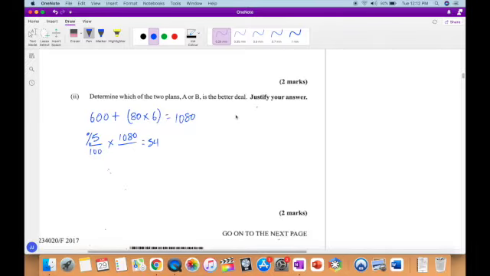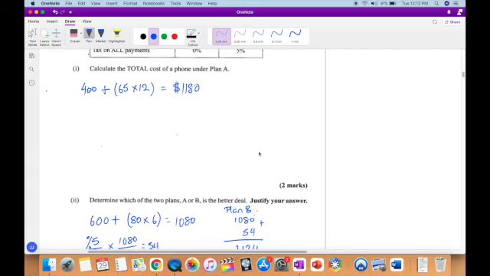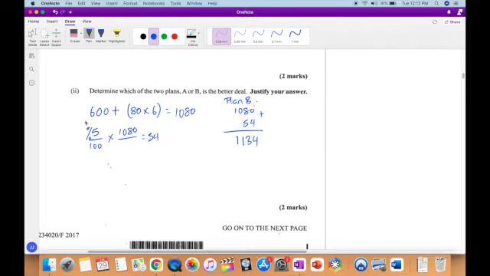So therefore, the total cost of Plan B would be $1,080 plus $54, which we end up getting $1,134. So we could see here that Plan A is $1,180. Plan B is $1,134. So therefore, Plan B is the better deal.